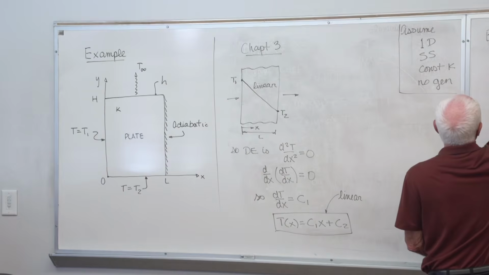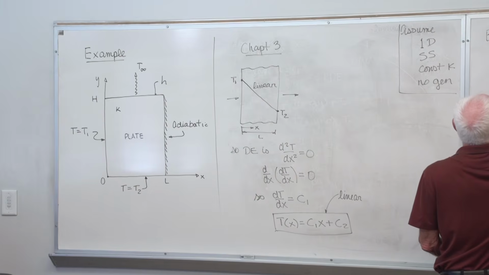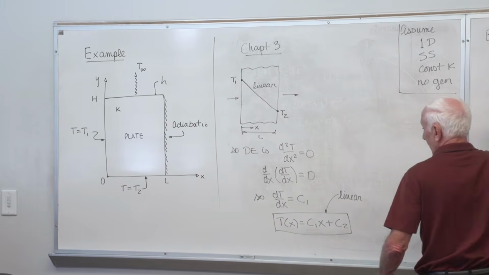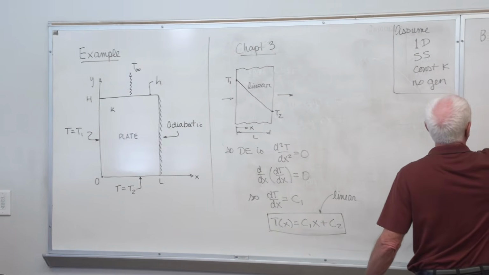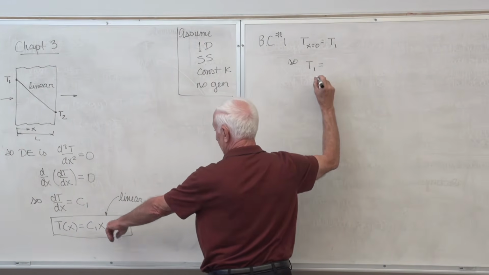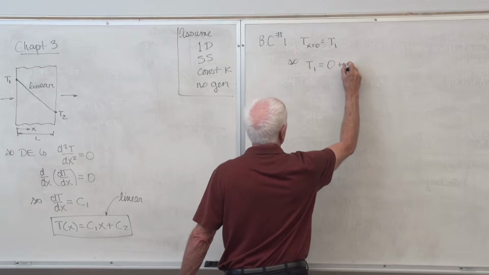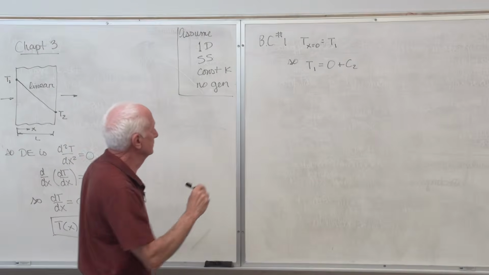BC number 1. The temperature at x equals 0 equals T1. Okay, put x equals 0. At x equals 0, the first term goes out. The second term is C2. So now I know what the constant C2 is. It's temperature T1.